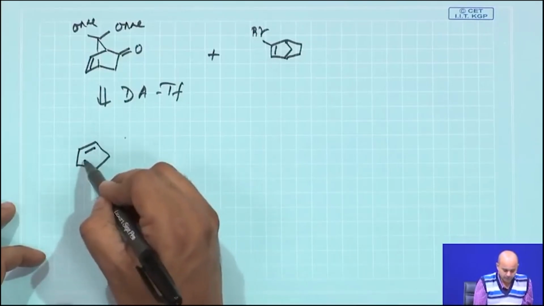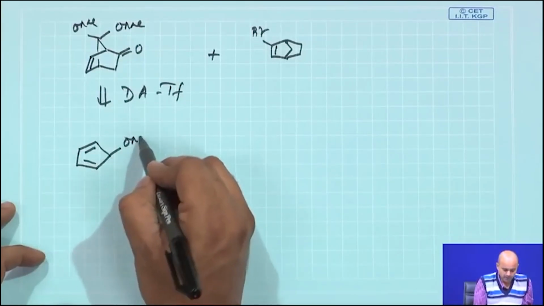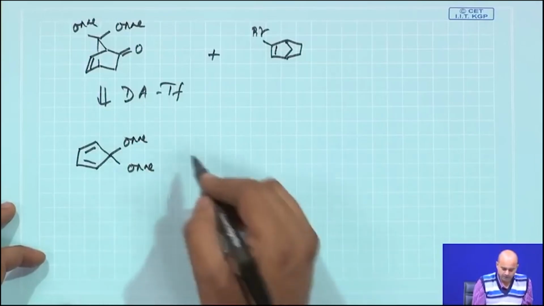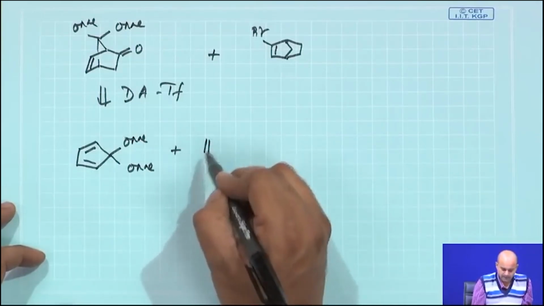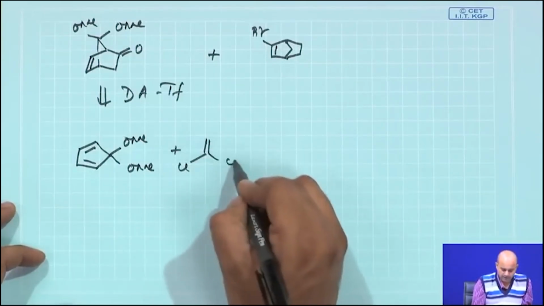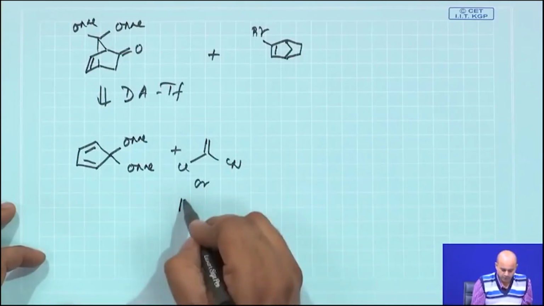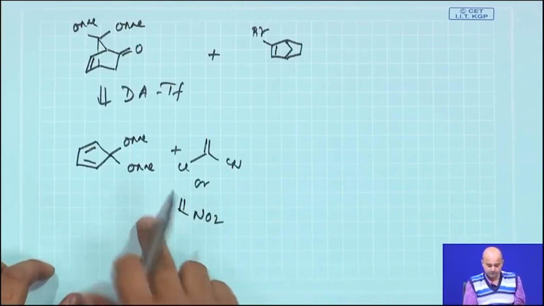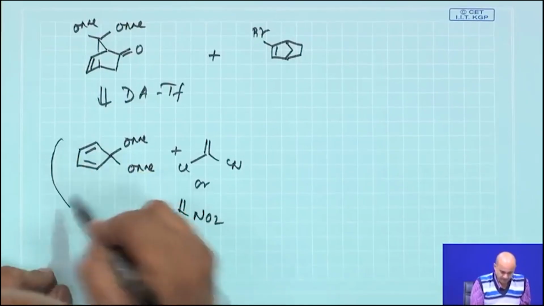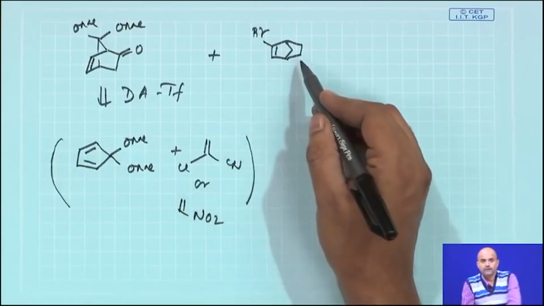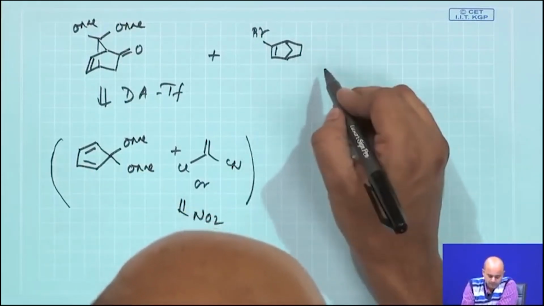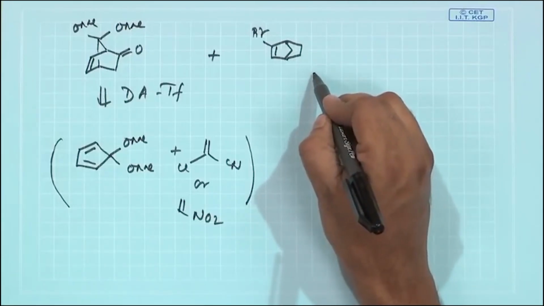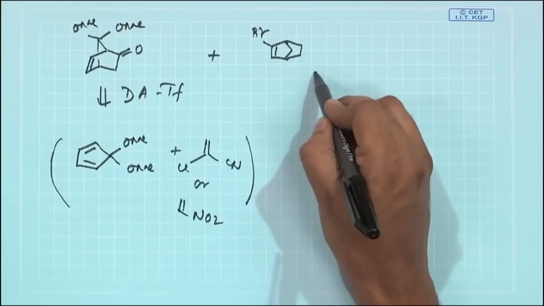So, we say you do a Diels-Alder with this dimethoxycyclopentadiene and a standard dienophile something like this, or a nitromethane derivative. This is already discussed in earlier slides, fine. Now, this compound, you can again think about doing a Diels-Alder reaction definitely.